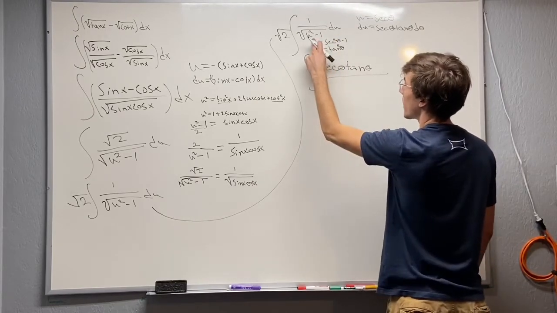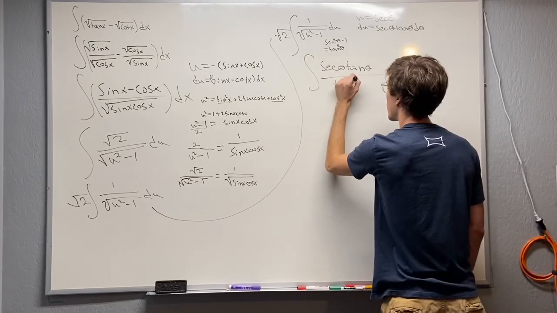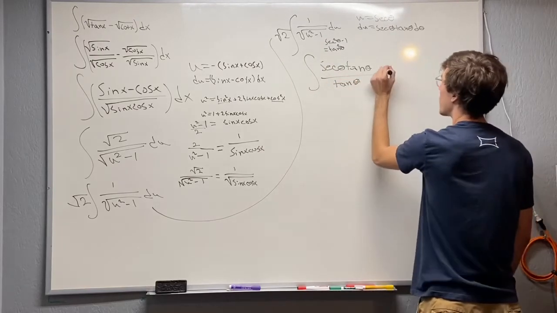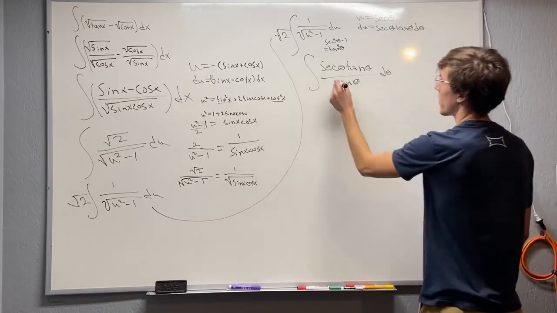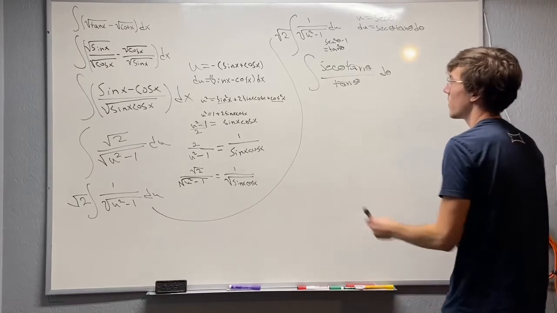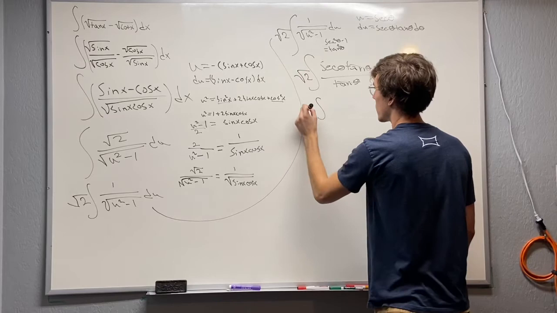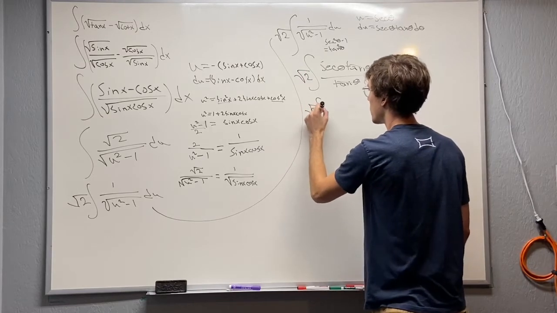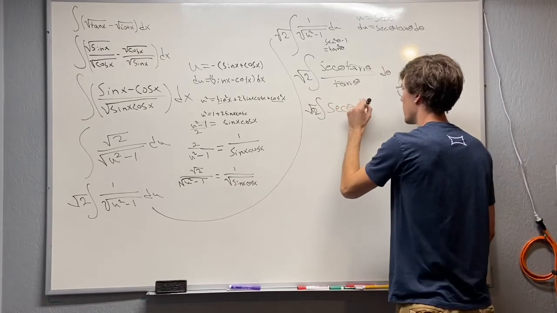So we're going to plug that in there and then take the square root. So we're just going to get tangent of theta on the bottom, d theta. And so here we can cancel those tangents out. And there's a root 2 here still. So root 2 times the integral of the secant of theta d theta.